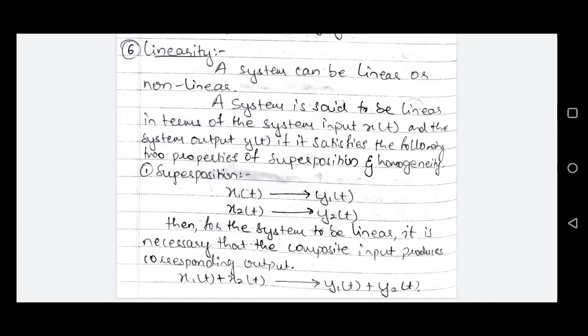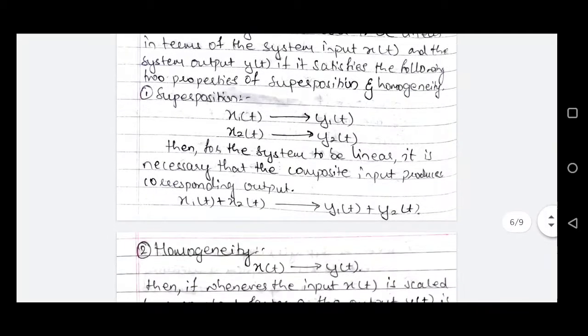Then the principle of superposition is, if we have two inputs, x1 of t and x2 of t, and x1 of t is producing the output y1 of t, and x2 of t is producing the output y2 of t, then for a system to be linear, it is necessary that the composite signal input produces the corresponding output.